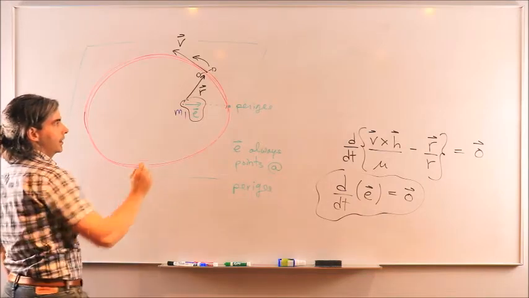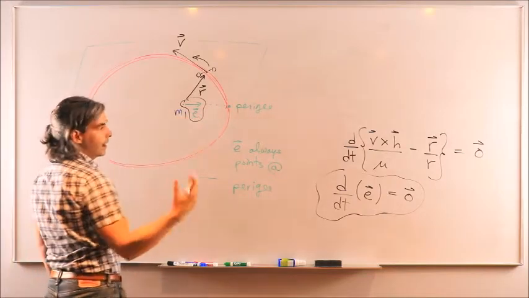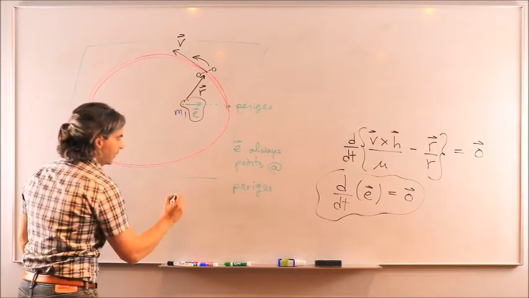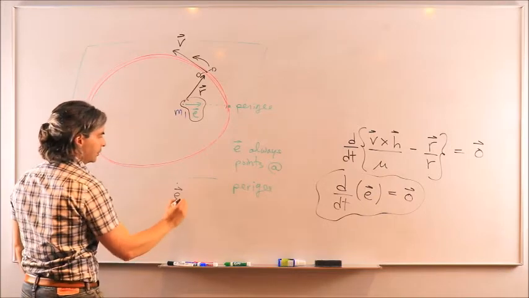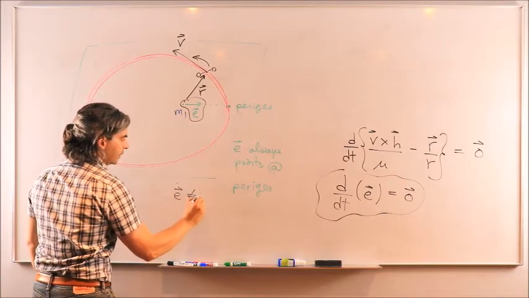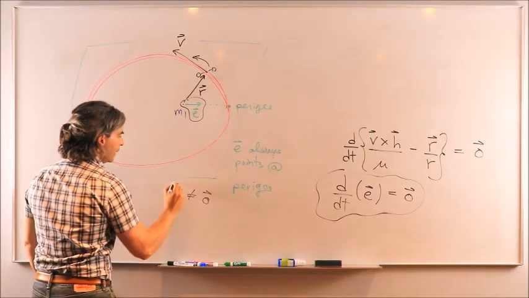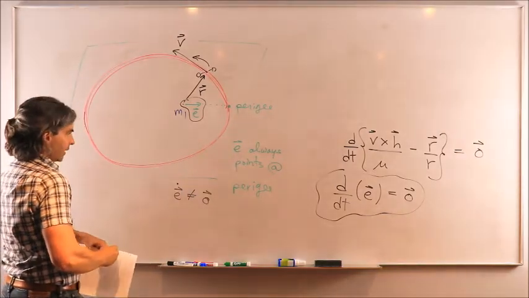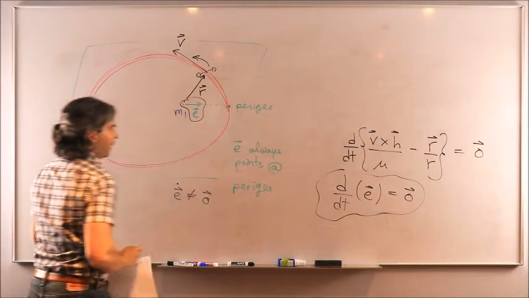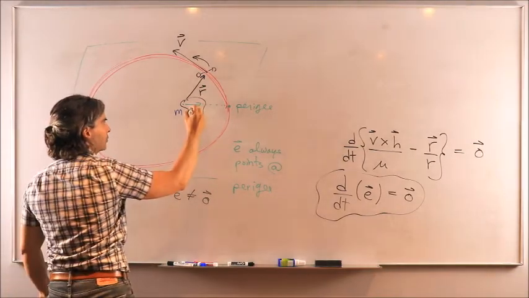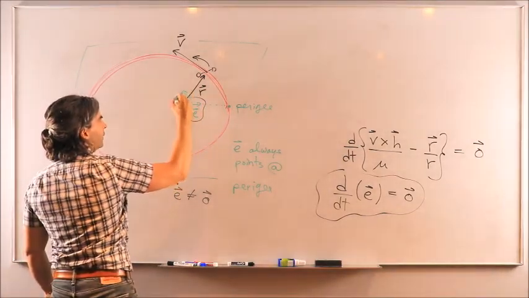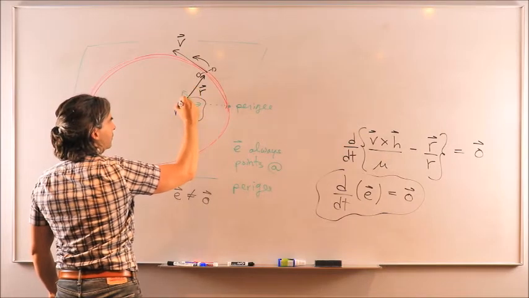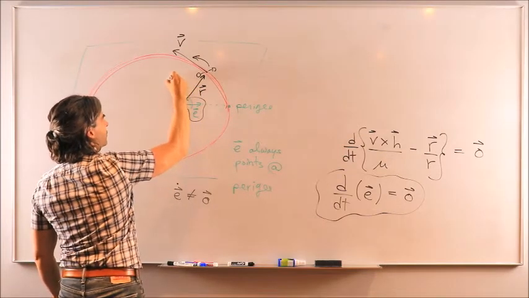Because otherwise, if the eccentricity vector were allowed to vary with time, if say we had an eccentricity vector derivative different than the null vector, then this specific vector would be allowed to shift and sometime down the road point up.